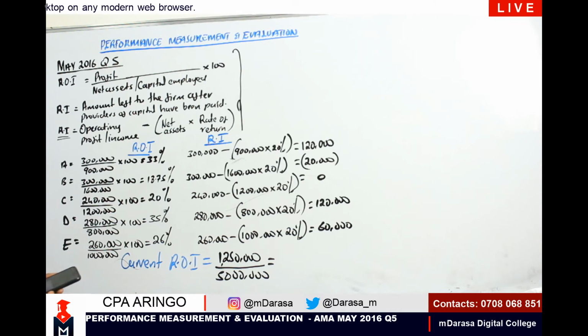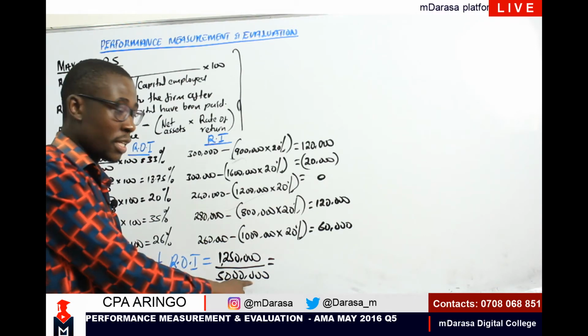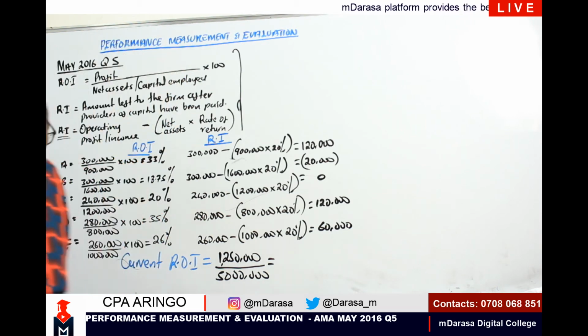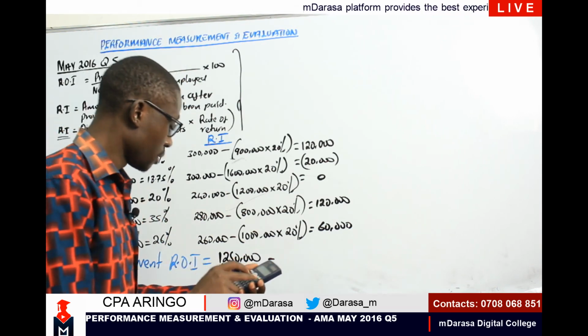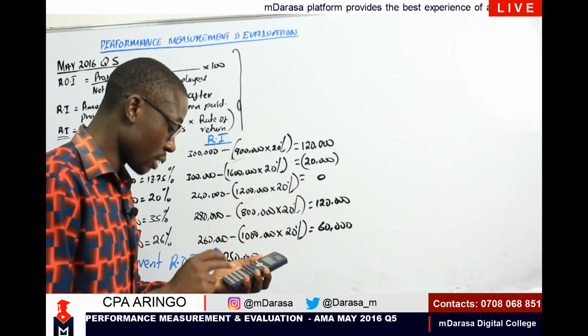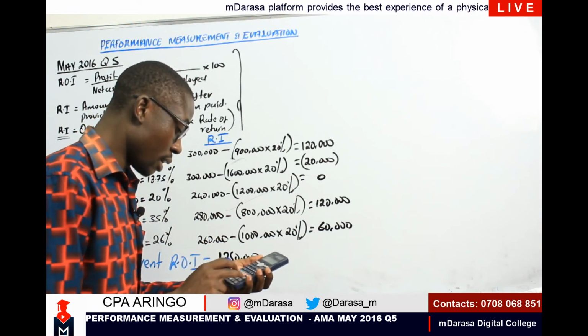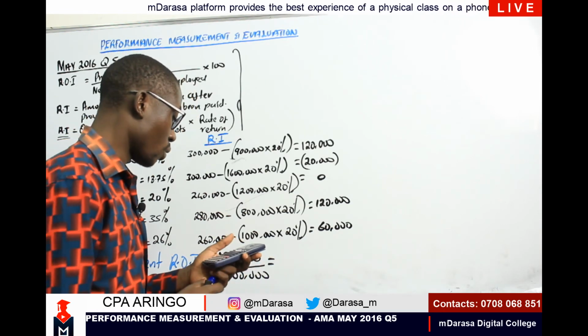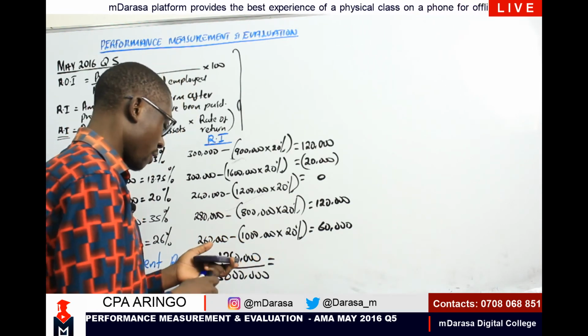What you are told in that question, note 1, is that the company currently has profits of 1,250,000 and investment of 5 million. That is what we've taken here. So that should give us 1,250,000 divided by 5 million, which is a return on investment of 0.25.